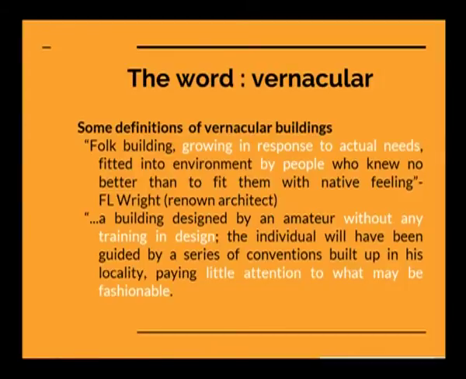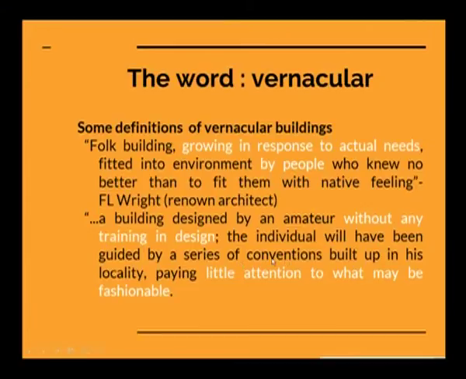He defines vernacular architecture as folk building growing in response to actual needs, fitted into environment by people who knew no better than to fit them with native feeling. So, this is a rather critical way of defining vernacular architecture. Nevertheless, as a definition, we will look into what makes F. L. Wright say that.